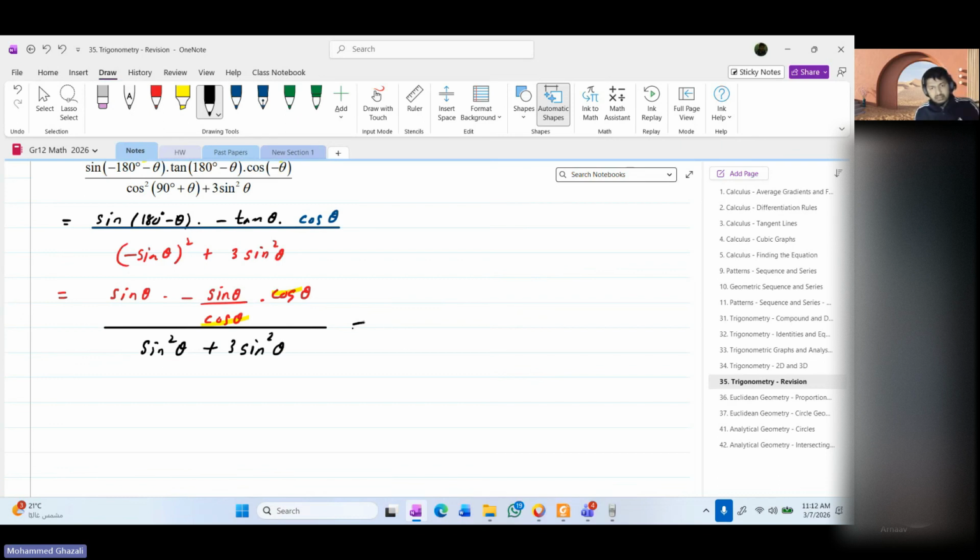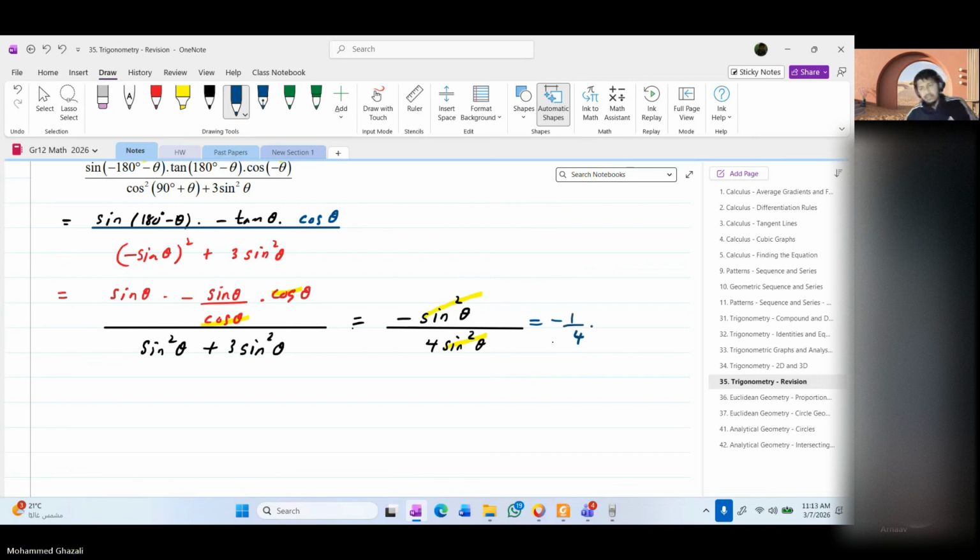So that is 4 sine squared theta. And on the top, I've got negative sine squared theta, because cos cancel out. Nice. All right, so you can see sine squared cancelling out, and the answer is just negative quarter.